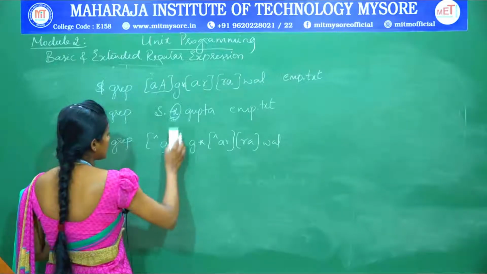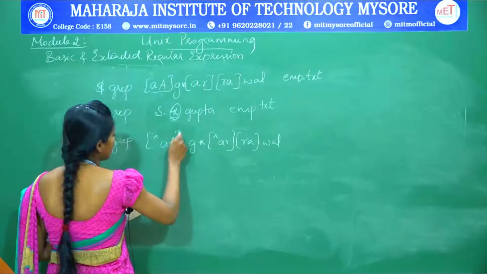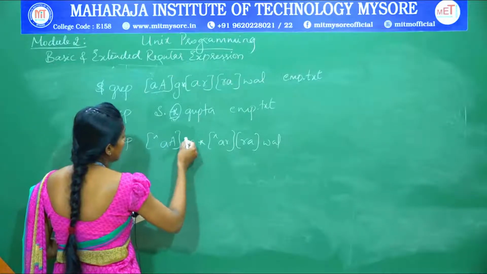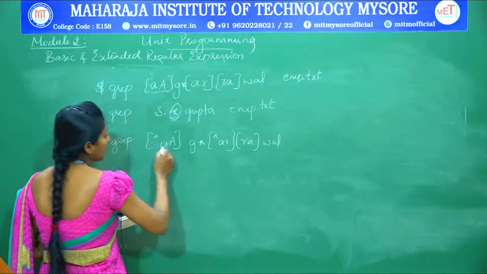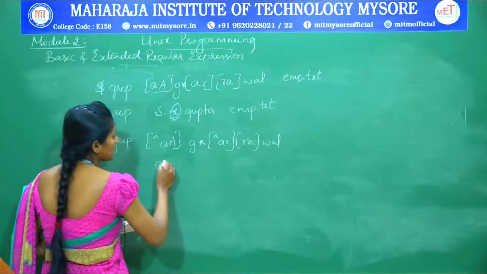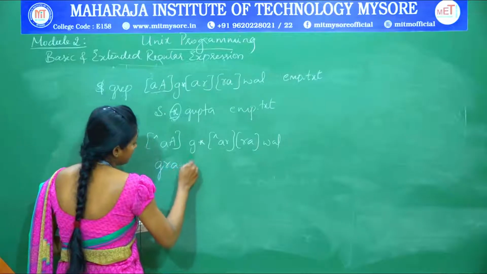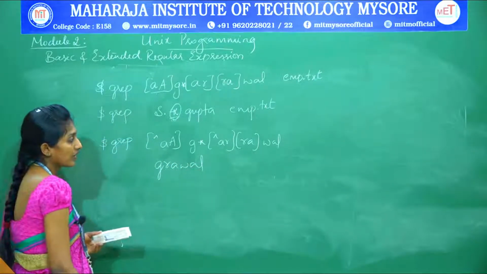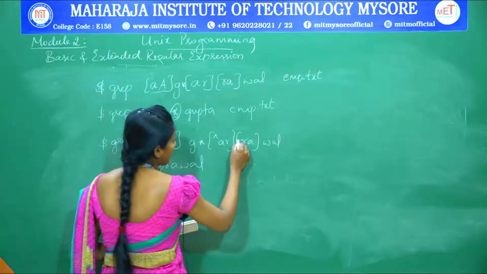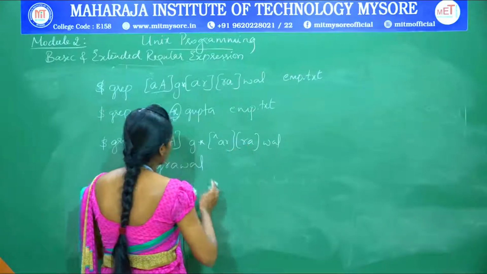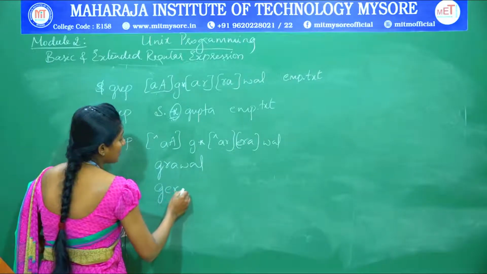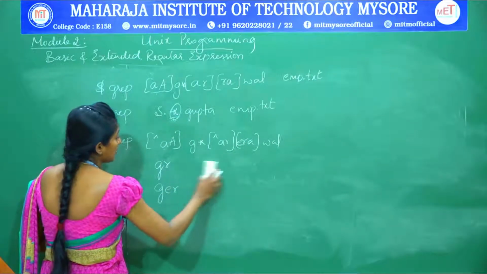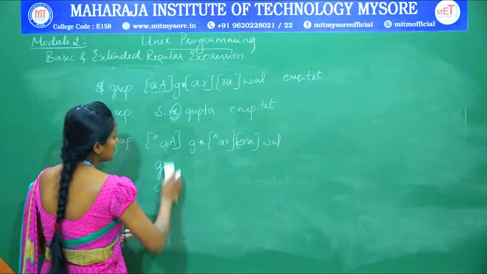Okay, so let me consider here AA, let me be this itself. So after this I might take the remaining, so it can match Graval like this. Even it can match if I have given like this ERA, so even it can match ER, either one, right?